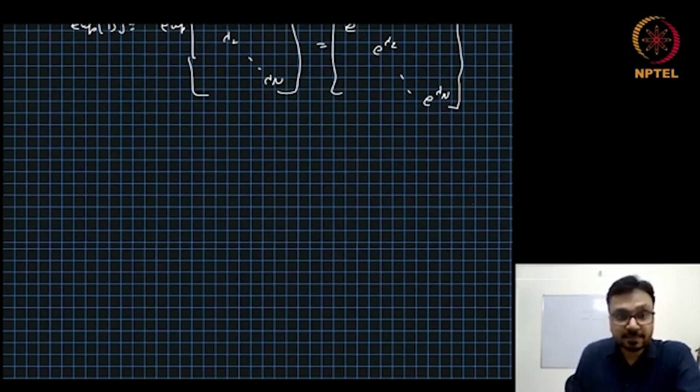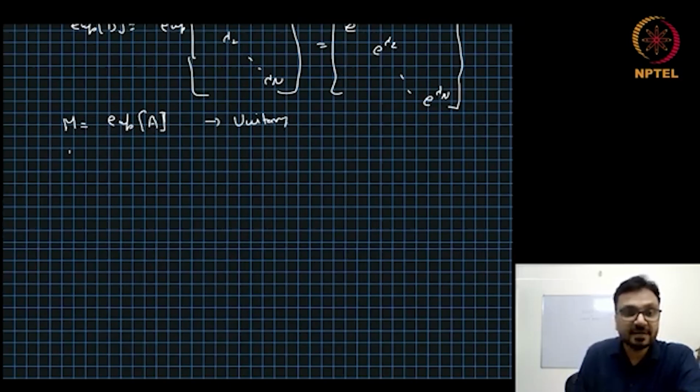Now let us say we have a matrix M, which is exponential of A, and let us say this is unitary. Then M dagger equals M inverse.